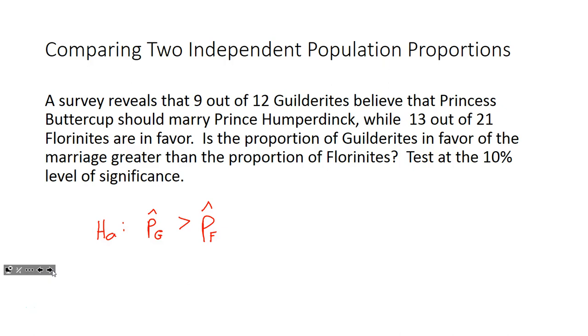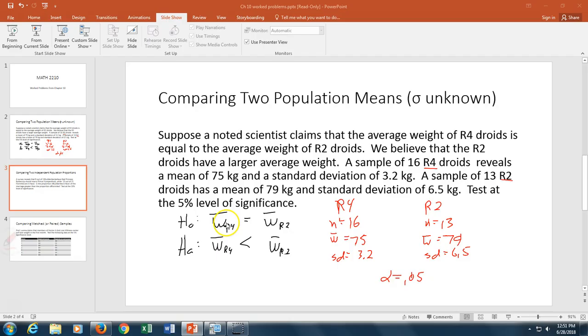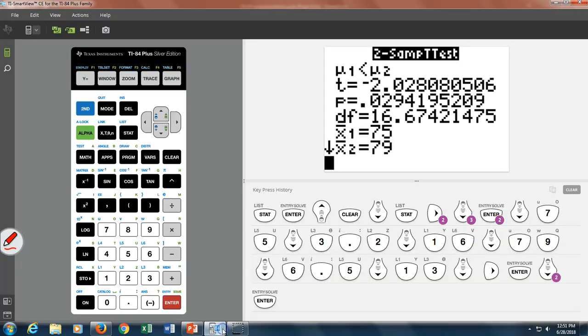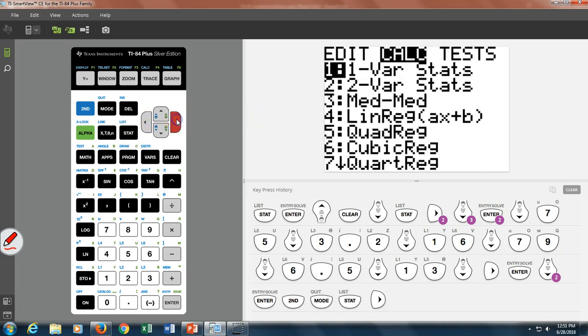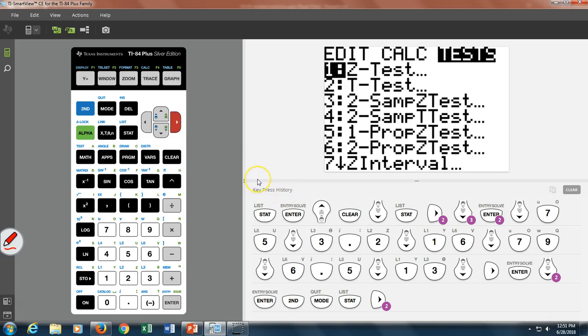All right, so the data here is real easy. Jot it down. We can go to the calculator right away for this problem. Let's see what we're going to select here. Under STAT, of course, I am doing a hypothesis test.